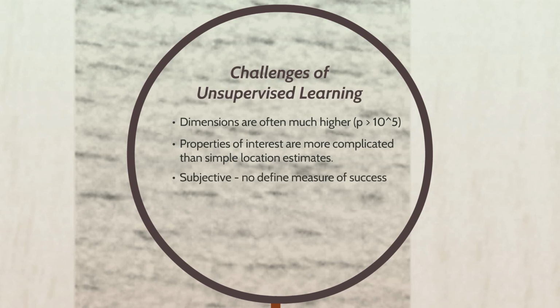Another challenge is that it's fairly subjective. We don't really have a clear measure of success. When we're trying to do something like cluster analysis and form different clusters of similar data, it's hard to say exactly when we are successful. So the output of these models is often subjective in that they have no clearly defined measure of success.